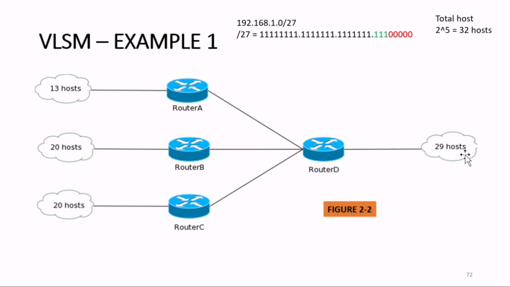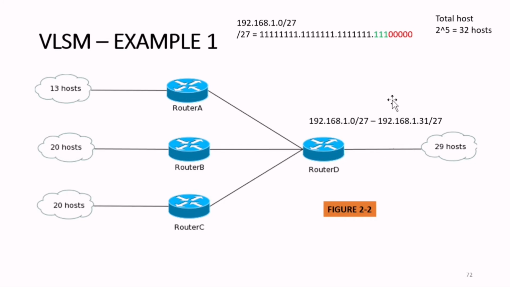So for this network, you can write down the range of IP addresses, which is 192.168.1.0/27 to 192.168.1.31/27.